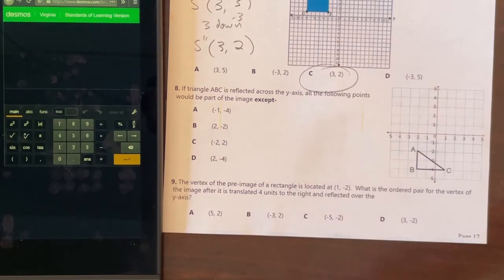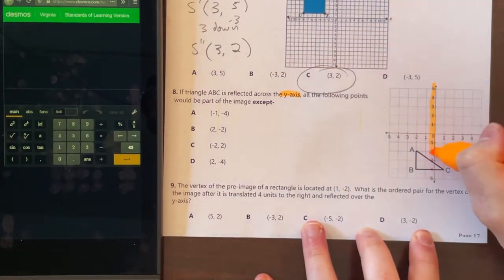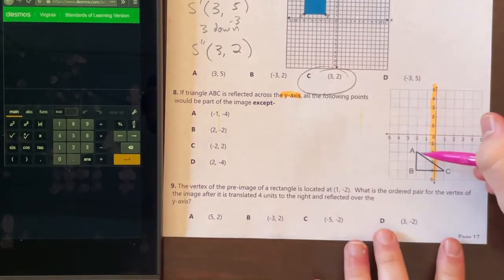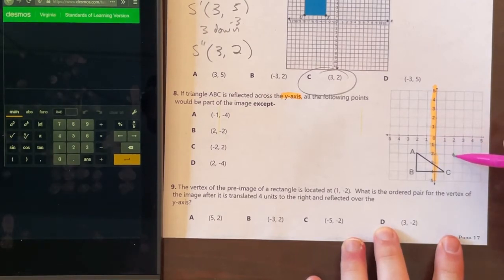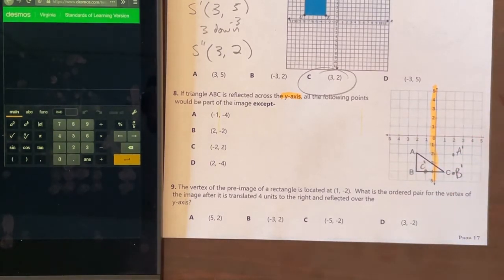Let me say I'm reflecting across the y-axis, and predict where it's going to look. Point A is 2 steps away, so A prime has to be 2 steps away. C is 1 step away, so C prime has to be 1 step away, and B prime has to be 2 steps away as well.